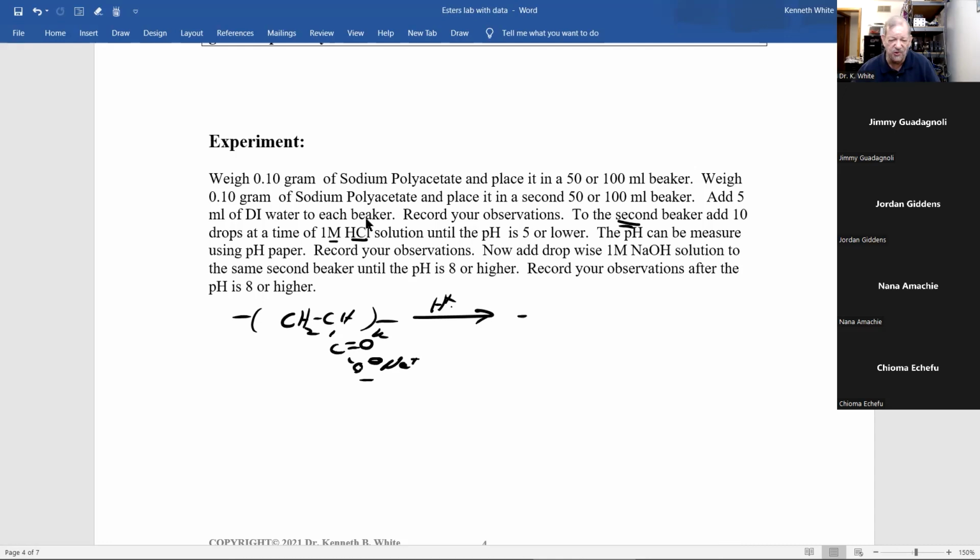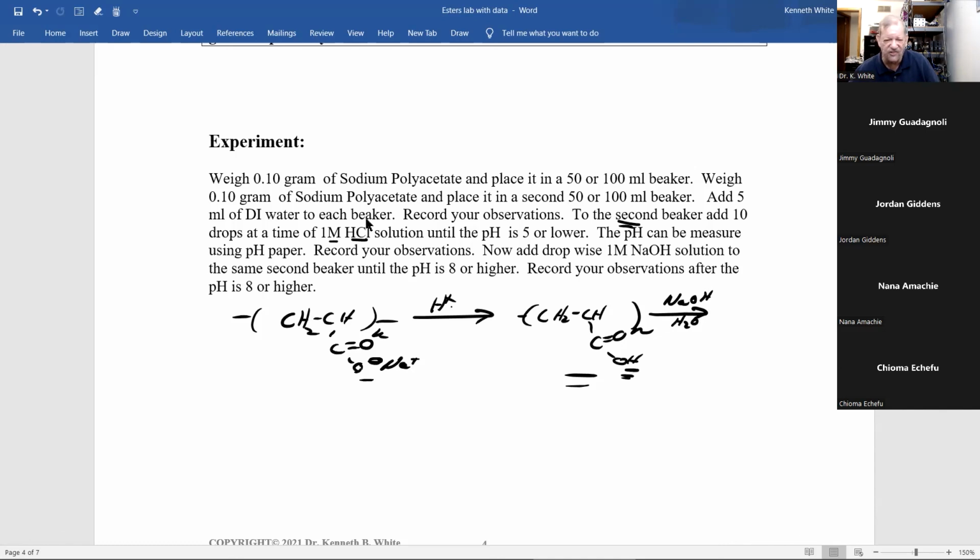You neutralize it to make this compound. And you look at the beaker to see how does that affect how well it absorbs or holds on to water. And it turns out, now you'll see the data in a second, when you do that, it becomes liquid again in the beaker. Then I ask you to add to this same beaker sodium hydroxide and water till it's basic.